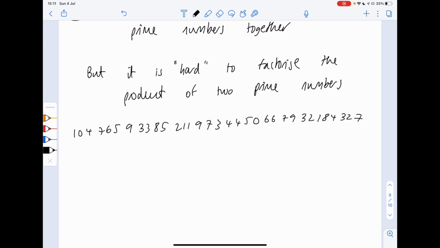So this is a big number. And if you told your computer to find the prime factorization of this, it would take quite a long time to do it, relatively speaking. And once you get really big numbers with hundreds of digits, it effectively can't do it. It just can't do it in any reasonable time.